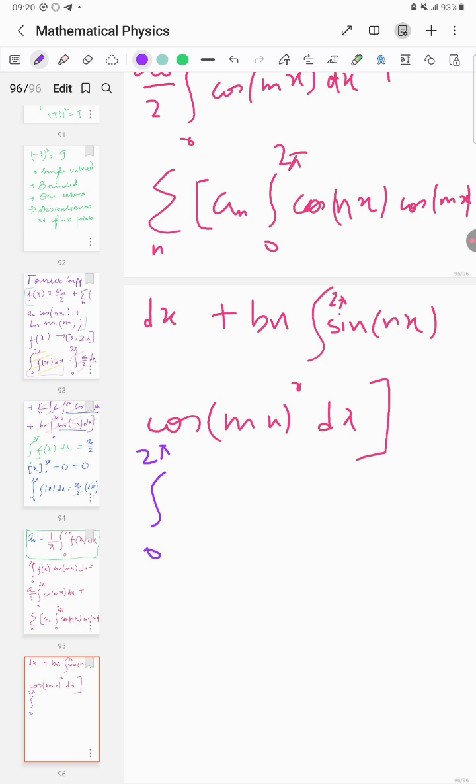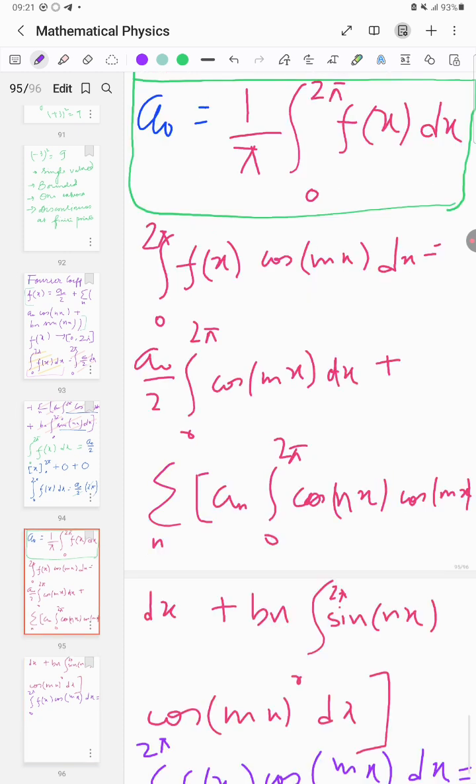So f of x cos mx dx is equal to the first term on the right hand side, which, if you remember, contains a naught. Cos mx, a naught by 2 integration 0 to 2 pi cos mx dx, right? If you remember, this was the term.